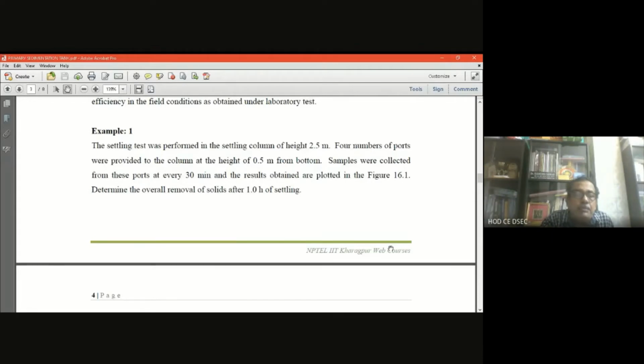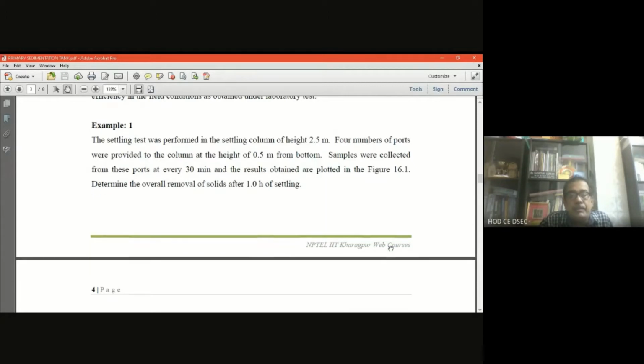There are 4 ports at 0.5 meter interval from the bottom. Samples were collected from the ports every 30 minutes, that is also given. The sample results were plotted in the figure that I am going to show you. Determine the overall removal of solids after 1 hour of settling.